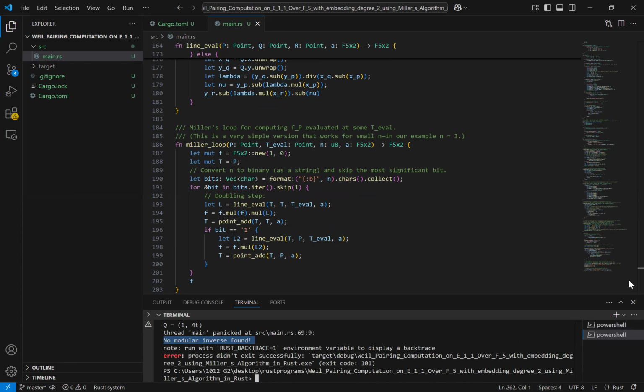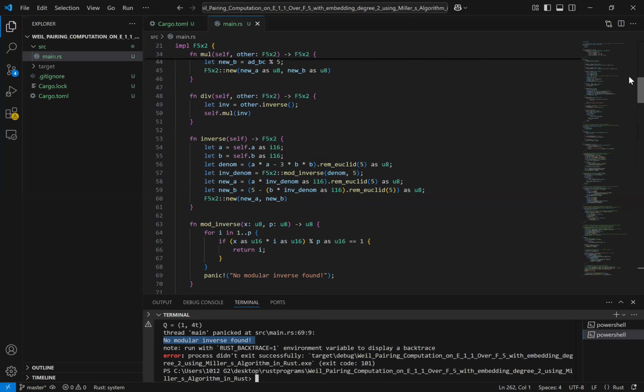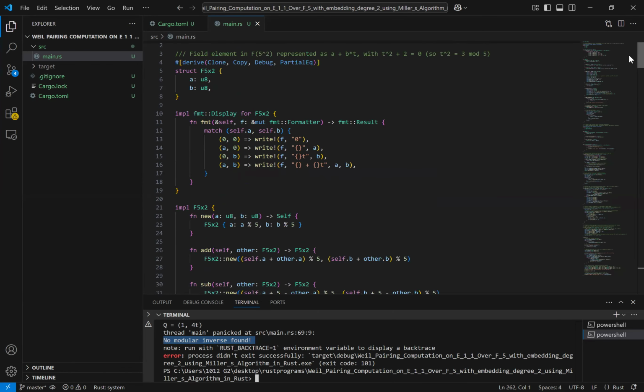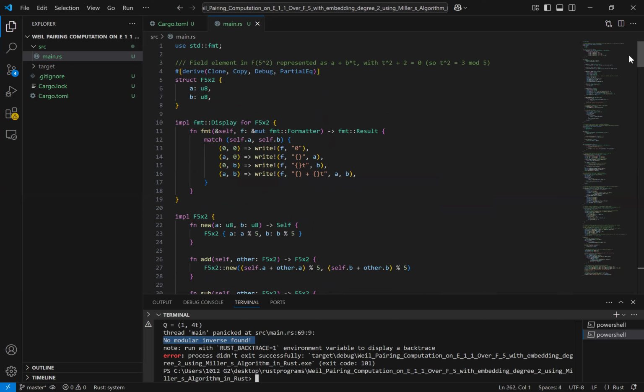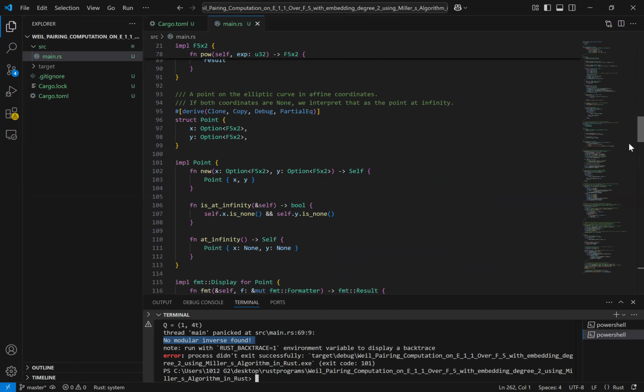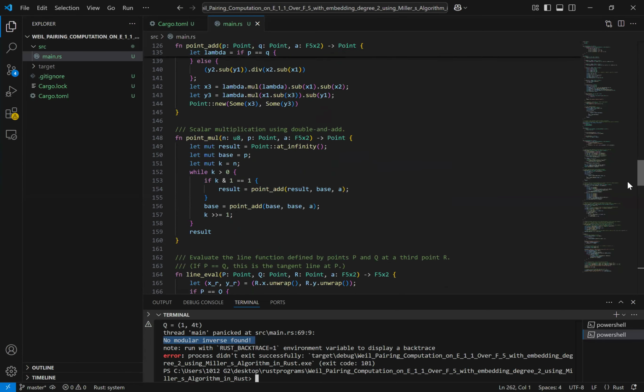I can just show you how this code looks, the one that I've used. Of course, it's the same code we used to get the 3 torsion group. I've only made a small change where I've asked it to give me the Weil pairing at the bottom here.